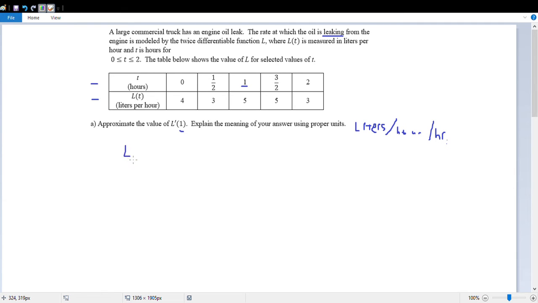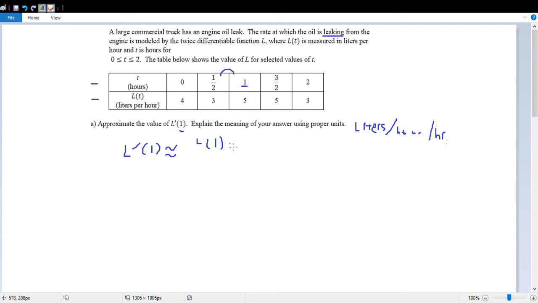So L prime of 1, and I'll use the approximate symbol because that's just good habit. It's not something that they count off for not using, but it's good habit, because we're not saying this is exactly, we're estimating it. Okay, well, L prime of 1 is going to be approximately the rate of change, the slope of the secant line, from 1/2 to 1, actually.